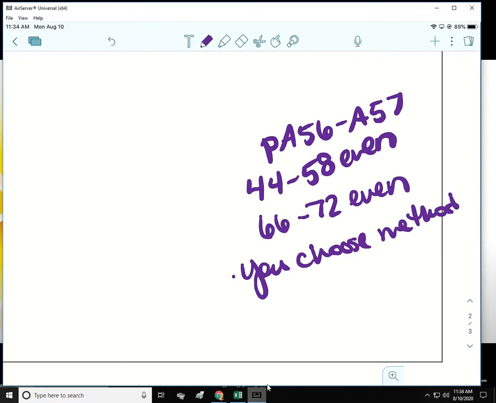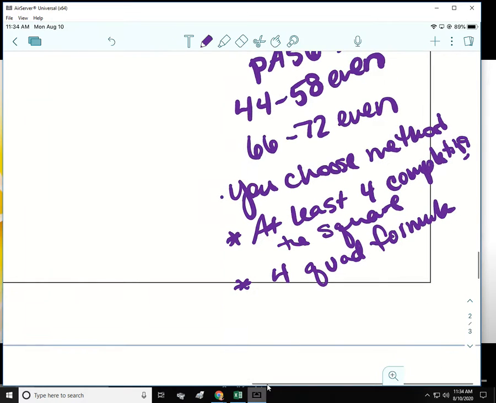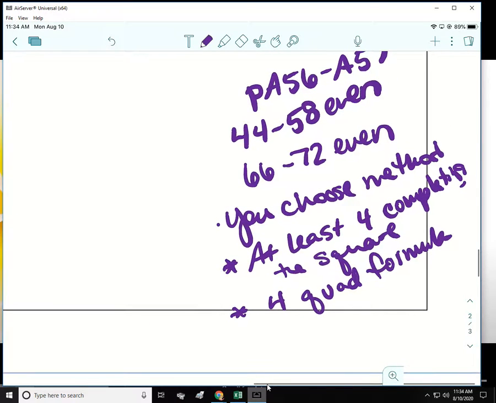But in the end, I want to make sure that you do at least 4 by completing the square, and at least 4 by the quadratic formula. Now, I'm pretty sure there's more than 8, so the other ones, obviously, you can do whichever one you think is better.